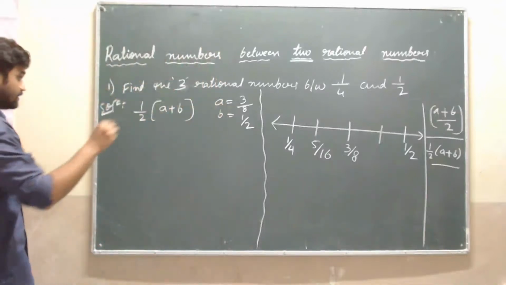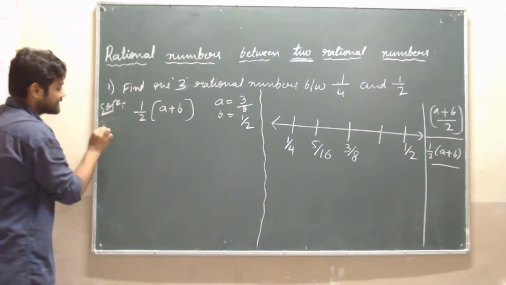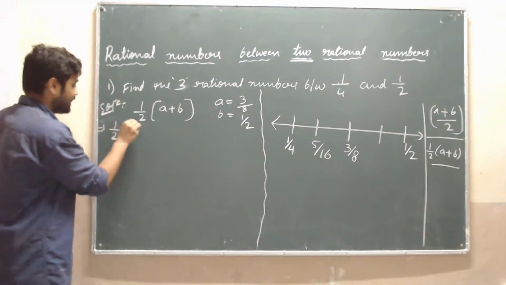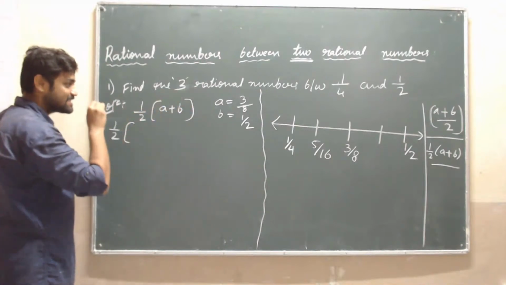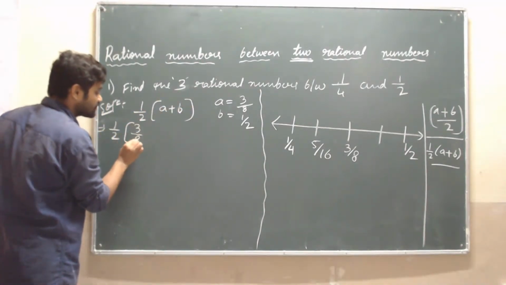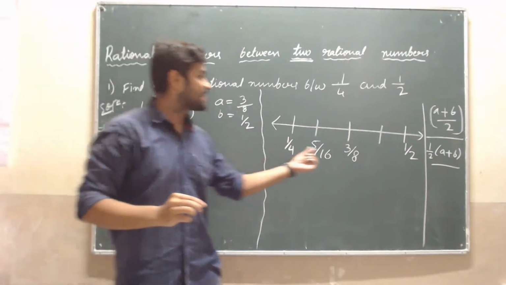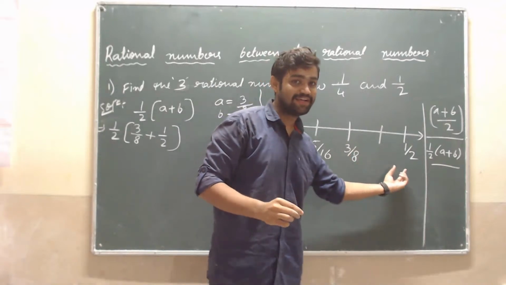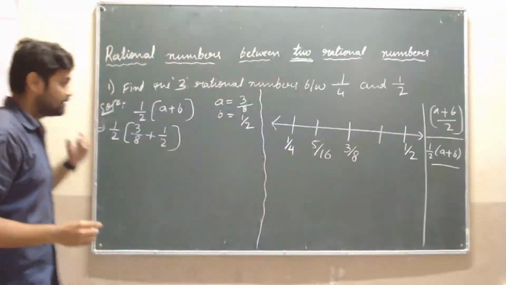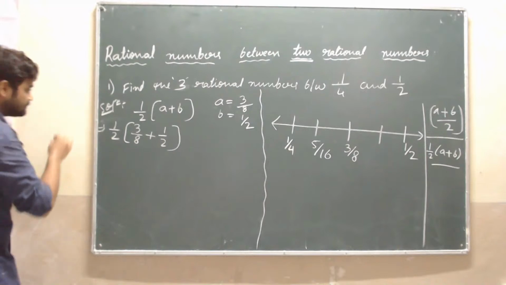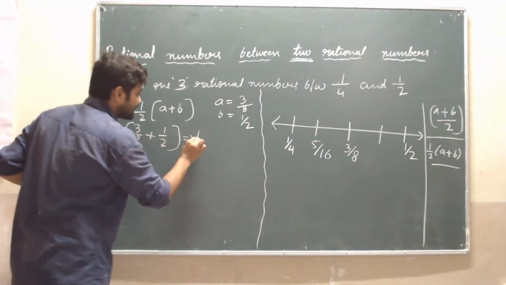Very good. Solution: as it is, 1 by 2 is here, and we have to substitute the A value as well as the B value. That is A is equal to 3 by 8 and B is equal to 1 by 2, because we are finding the rational number between 3 by 8 and 1 by 2. I will take the LCM here only.